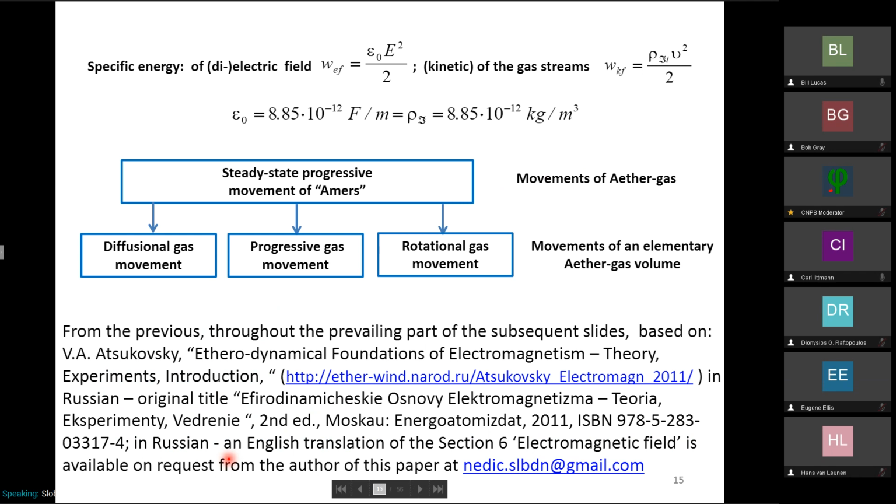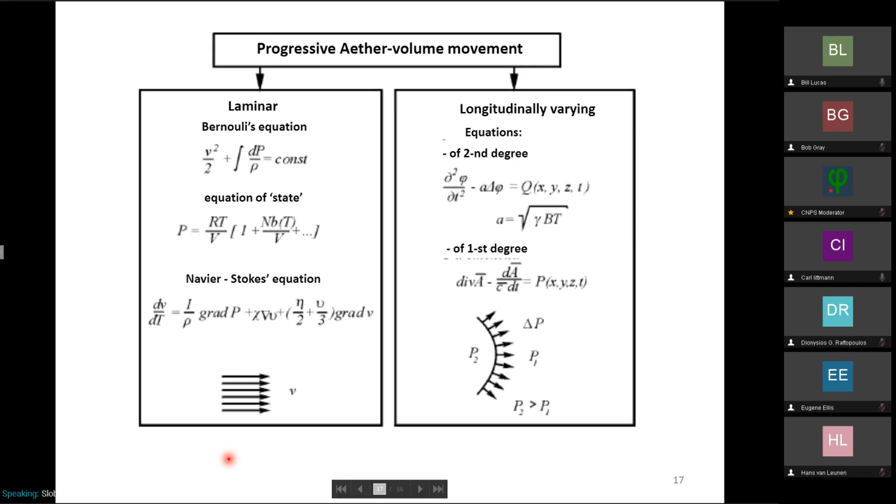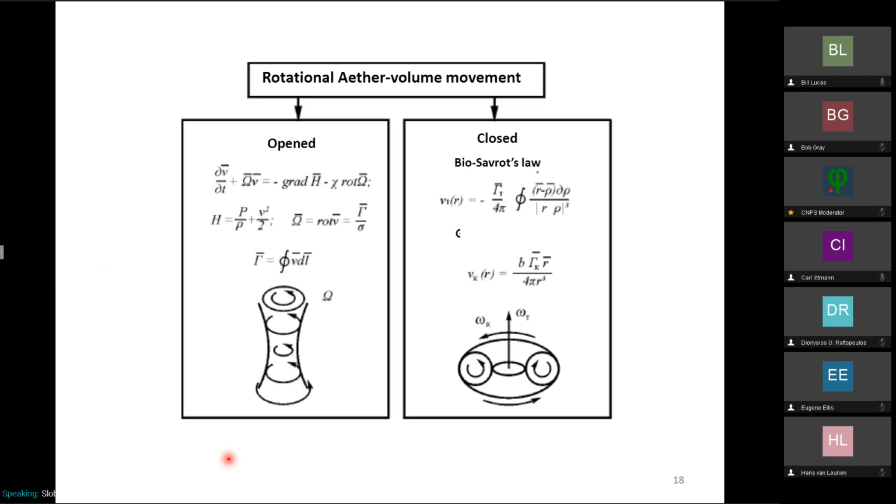In general, there's a classification of flows in such a substrate: diffusional, progressive, rotational. That's how the book starts. Then there are explanations of particular forms of those, with some additional formulas about densities, velocities, and so on. I will just quickly go over these here. We have two typical forms. One is with open ends, as in tornadoes or some other forms.